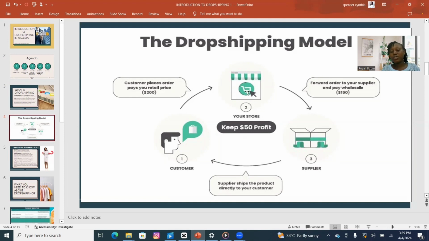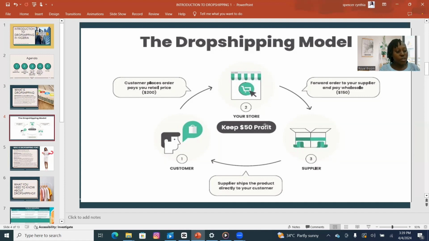For instance, let's say you sell female shoes, and you put them up in your store for 500 naira. A customer comes and buys that item for 500 naira. You go to your supplier, and the supplier sells to you for 450 naira. So obviously you have 50 naira as profit.